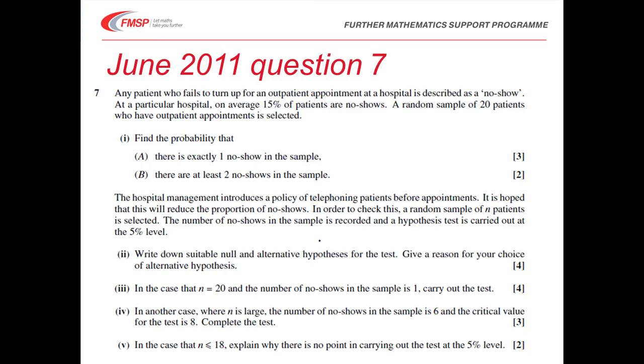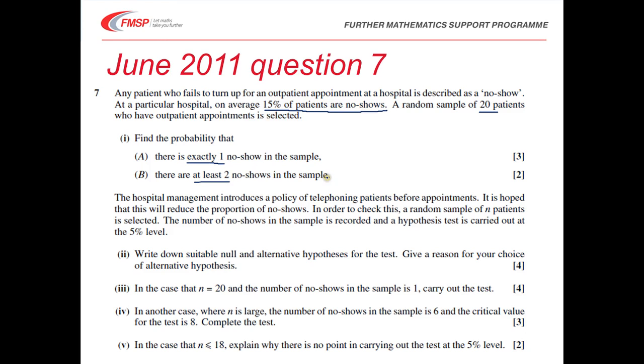So the first bit is just telling you what a no-show is. And then at a particular hospital, on average, 15% of patients are no-shows. That's going to be the crucial number. We've got a random sample of size 20. And then we've got to find some probabilities, exactly 1 no-show and at least 2 no-shows.